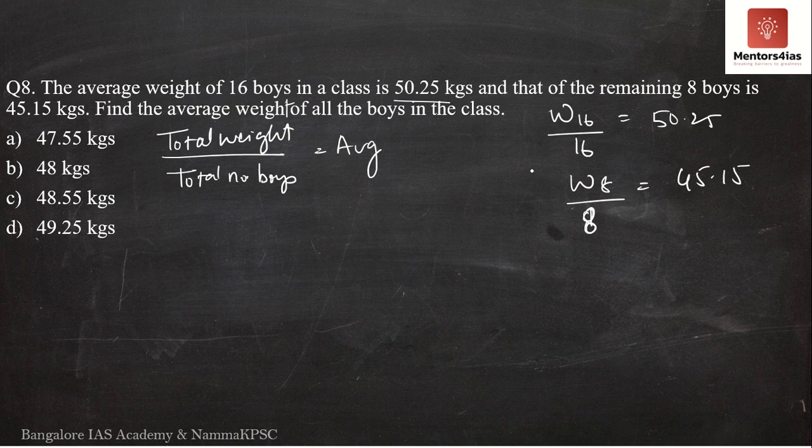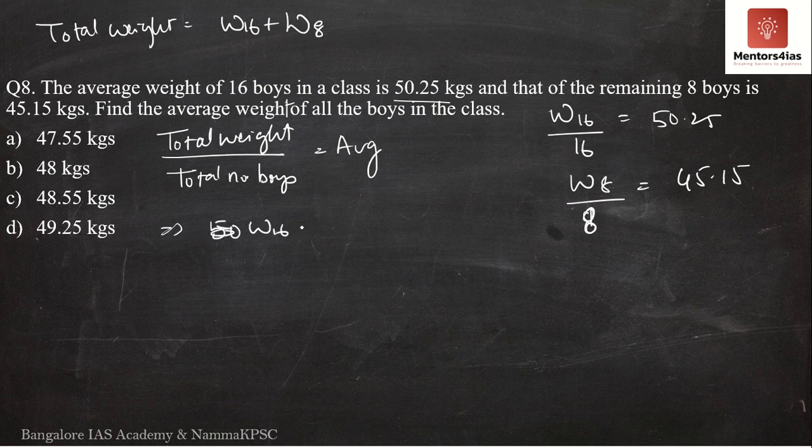Total weight is nothing but weight of 16 boys plus weight of 8 boys. So we have W16 plus W8, that is weight of 16 boys plus weight of 8 boys, divided by the total number of boys, that is 16 plus 8. So what is W16? W16 is nothing but 50.25 into 16.